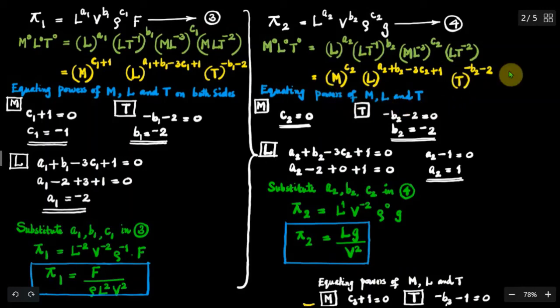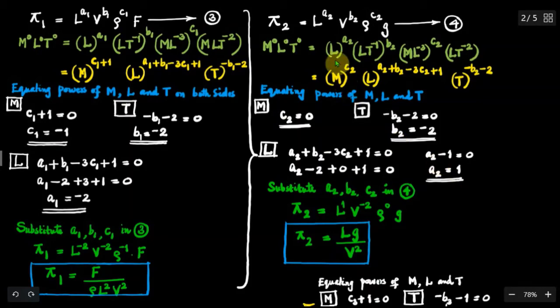If you separate out and then equate the powers of M, L, T as explained in the previous case, you will get the index C2 is equal to 0, B2 is equal to minus 2, and the third index A2 is equal to 1.